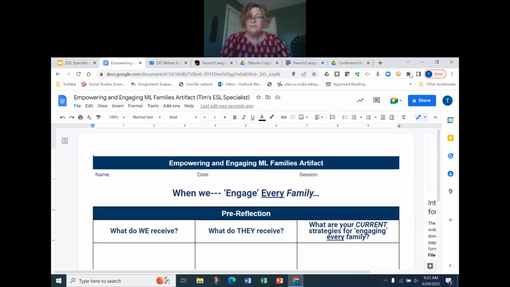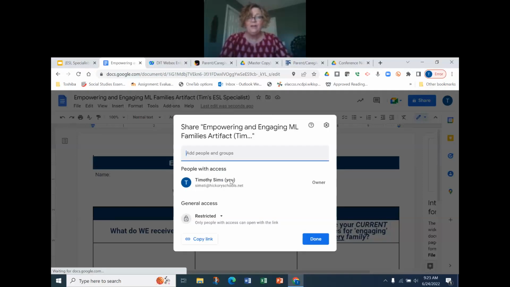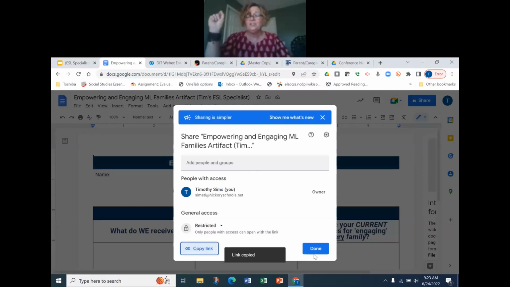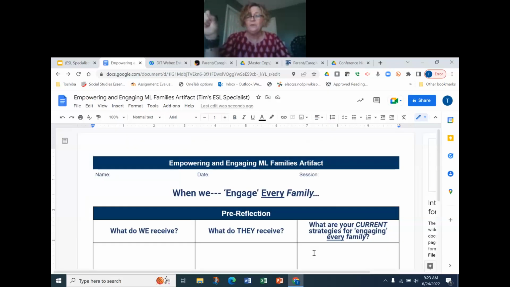And thanks for doing that for us, Tim. And the most important thing is that you copy the URL for your document. And you can do that by clicking on the share button in the top right corner of your document and copying that link, or you can copy the URL directly from above.